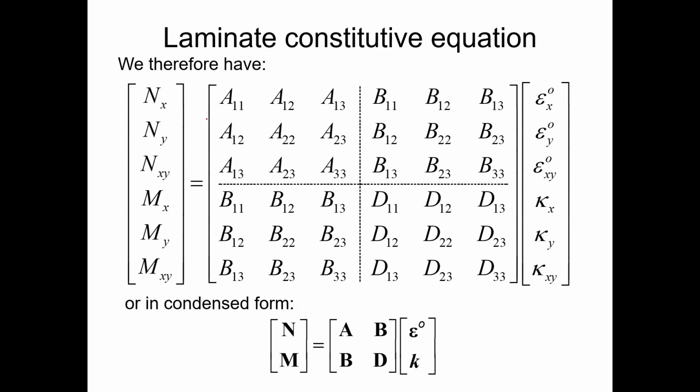We therefore can have the full picture when you write out the total force resultant, Nx, Mx, and then you have all the matrices lined up. A11 is a subcomponent of the A matrix, and B has subcomponents for the B matrix, and D similarly here, and you can write them in a condensed form.